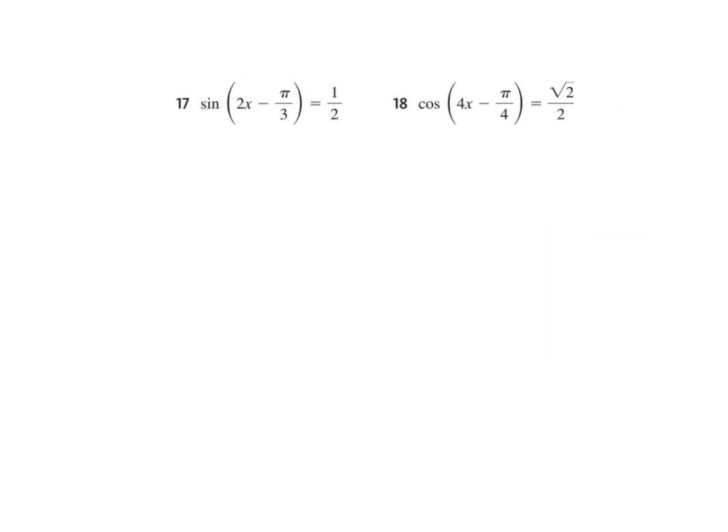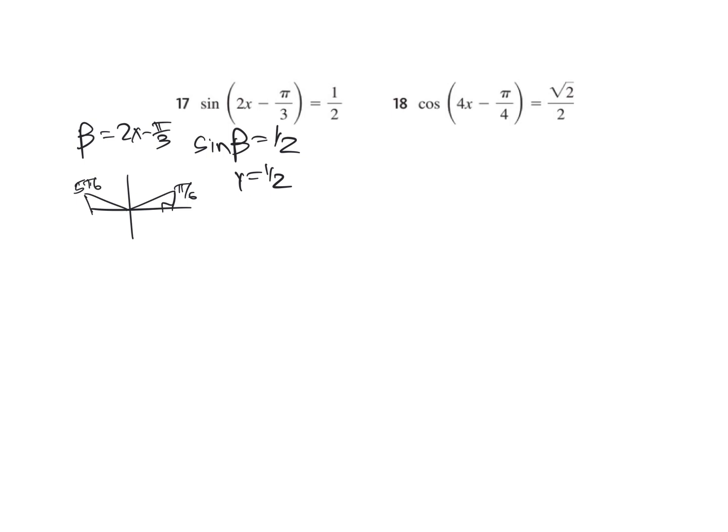Okay, so now we just say that 2x minus pi over 3 is your beta. So the sine of beta is equal to 1/2, or where's the y equal positive 1/2? So again, you're looking at pi over 6 and 5 pi over 6. Okay, so the 2x minus pi over 3 is equal to the pi over 6 plus 2 pi n. And we'll go ahead and solve that one first.